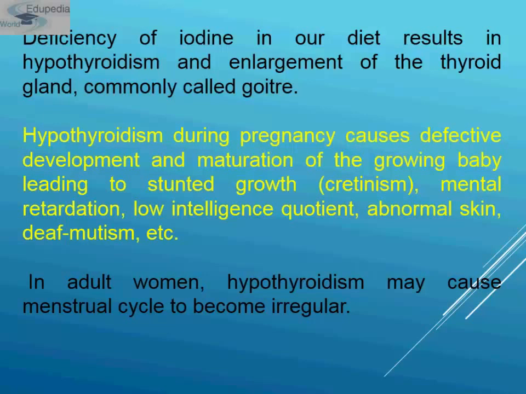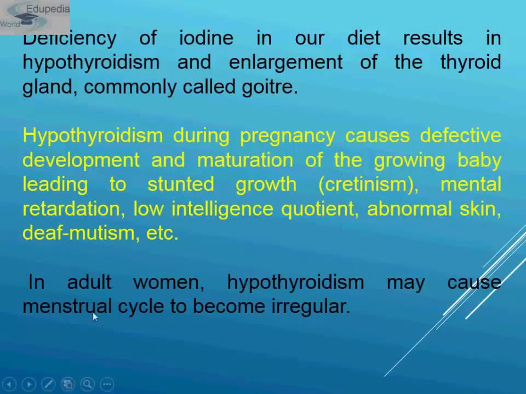It could also lead to low intelligence quotient, that means low IQ level of the child, and abnormal skin, deafness, mutism, etc. So just imagine that deficiency of iodine during pregnancy can cause all these things to your baby.